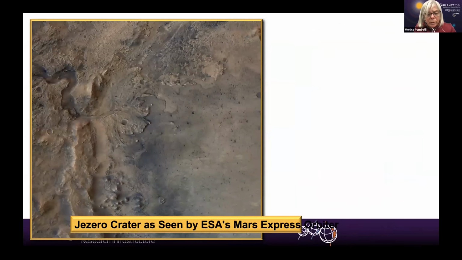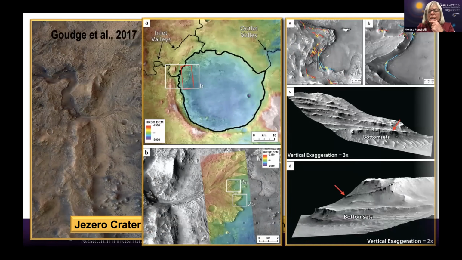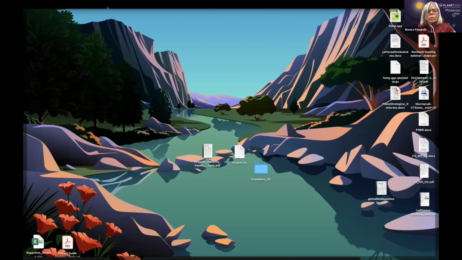And of course, Jezero crater. Jezero crater is a deltaic system. We will look at it later on. This is an image from Mars Express, and this is one paper which was done on Jezero, by Gauge et al.